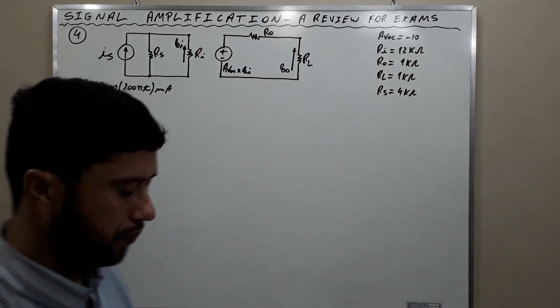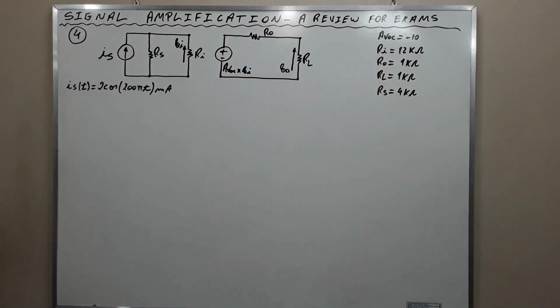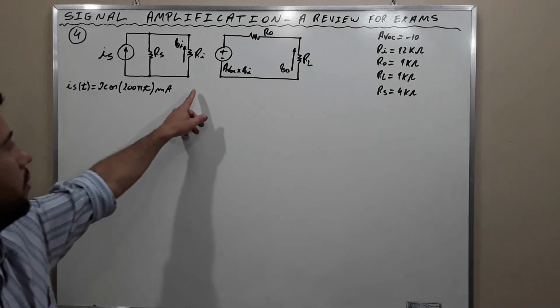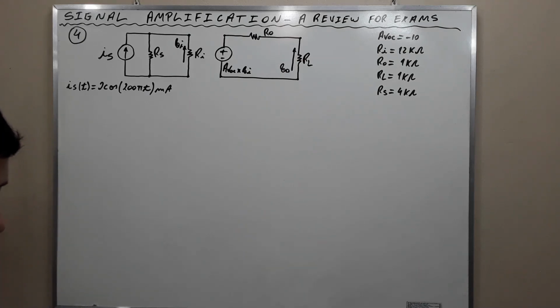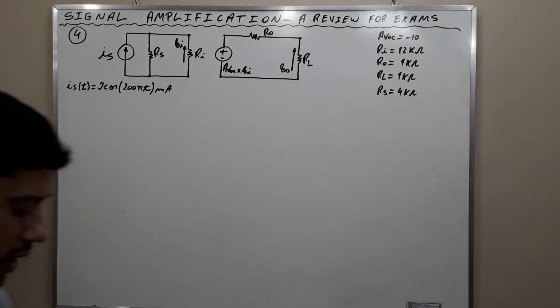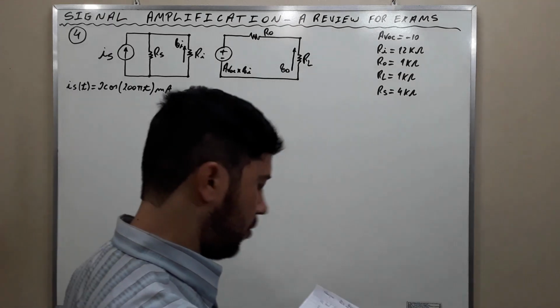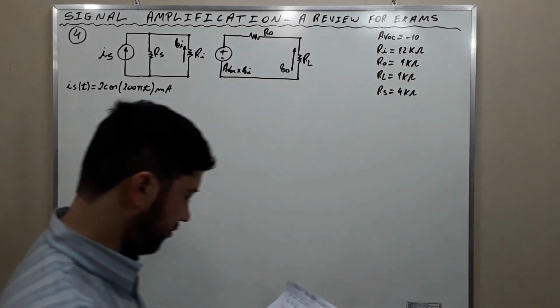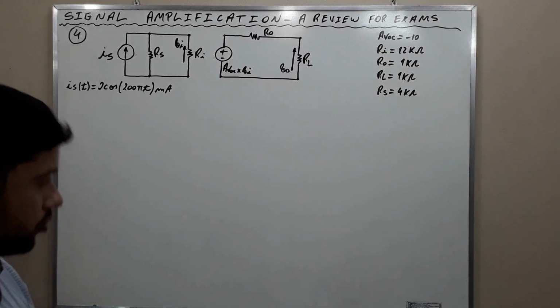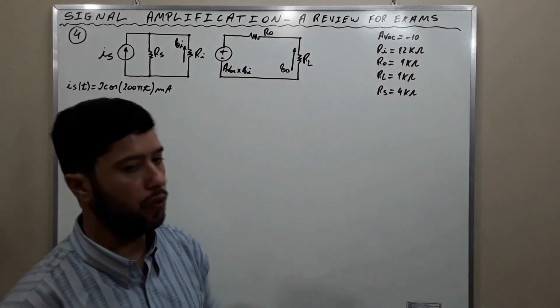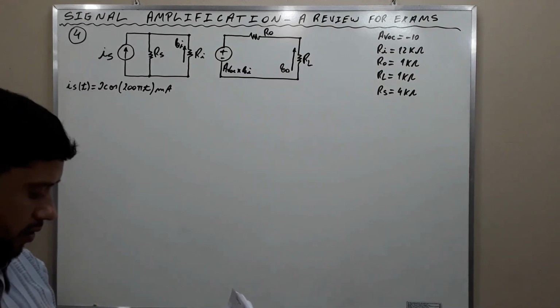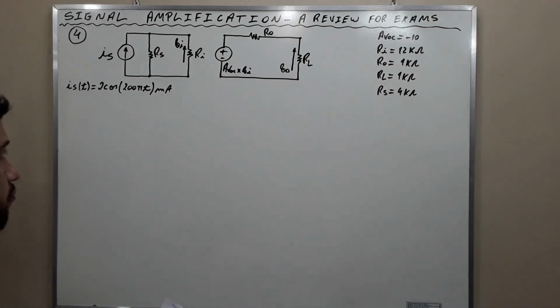Exercise number 4. Determine the output voltage as a function of time and the power gain of the circuit. This is the circuit, and we are going to determine the output voltage as a function of time and the power gain. Okay, my friends, this is the exercise. Let's go to the solution. This data here was given by the exercise, and we shall use it.